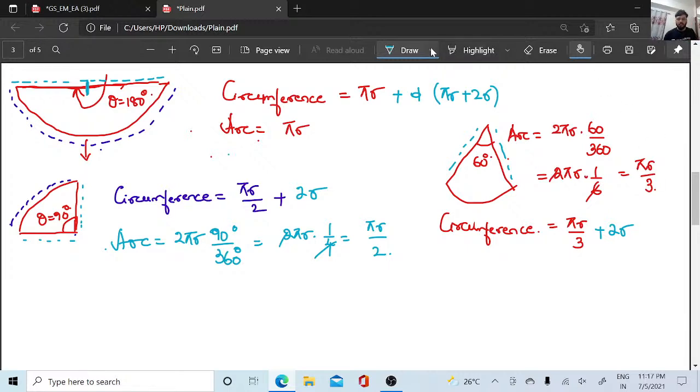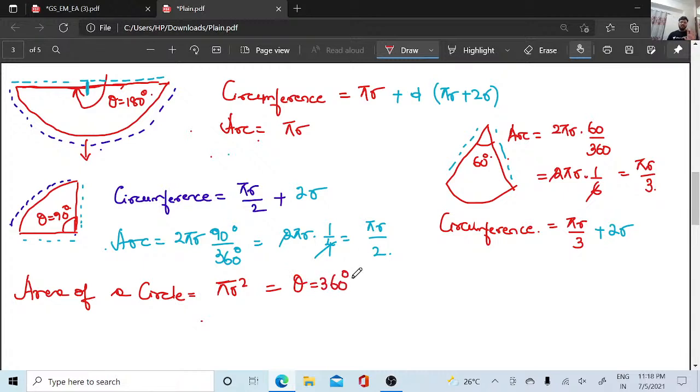Now finally, after all these things, what is going to be the area of a circle? Area of a circle is nothing but pi r square, given that the theta is 360 degrees.